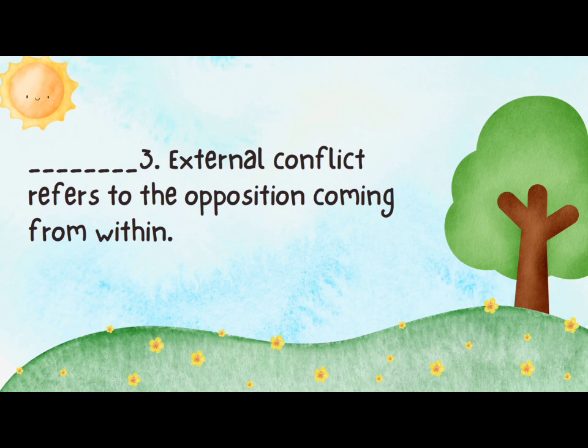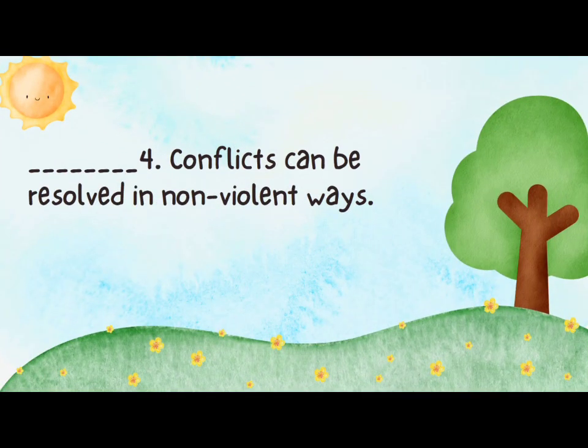Next, number 3. External conflict refers to the opposition coming from within. Is this true or false? The correct answer is, it's false. How about number 4? Conflicts can be resolved in non-violent ways. Is this true or false?